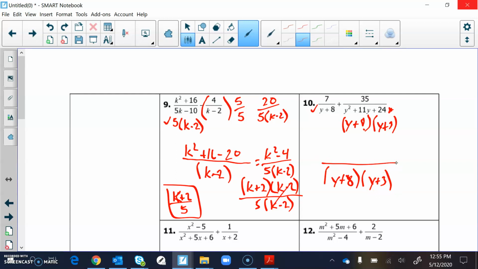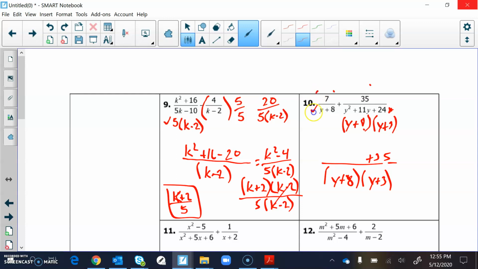Okay, so what we want to do is get these two fractions to match denominators. Well, the second fraction with 35 in it already has the entirety of that denominator, so we don't need to worry about cleaning anything. That's a 35. We don't need to do anything to that because it already is completely represented by the common denominator of y plus 8 and y plus 3.